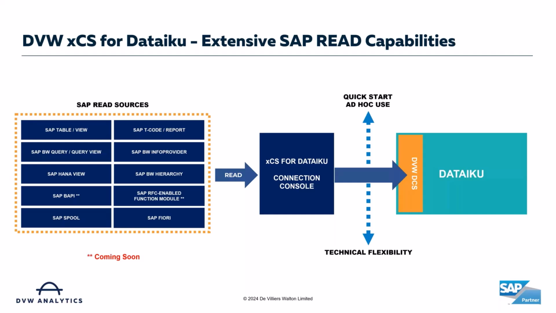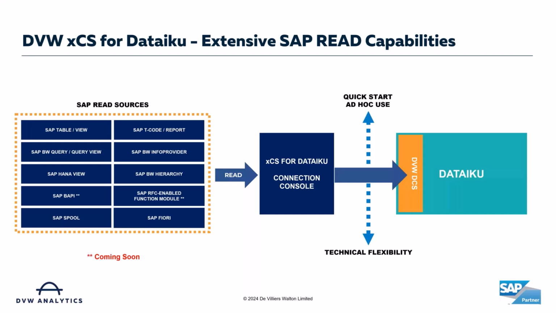So we have the ability to integrate directly and very effectively with SAP BW queries and query views, all the various different types of InfoProvider, BW hierarchies, which are able to extract and present for use within Dataiku in a nice flat tabular format. Right, so all that capability is available to you.